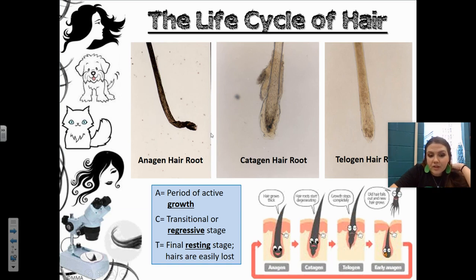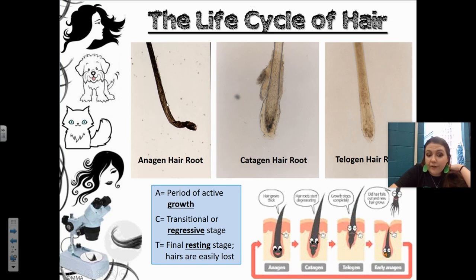Now, what do they mean? When they look like this, that is the period of growth. This is what it looks like when your hair is still growing, in the growing period. Then C, catagen, is when it's in the regressive stage. So it's starting to die off, it's starting to close in, but it's not fully done.